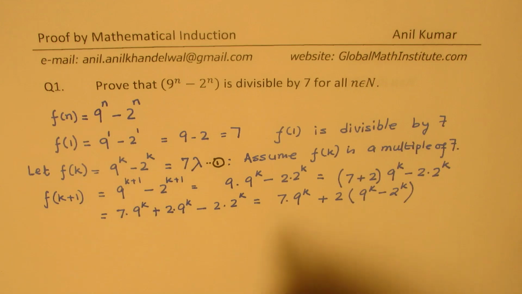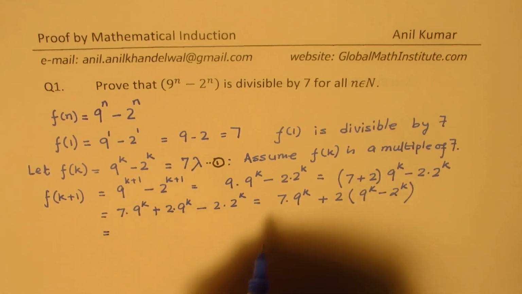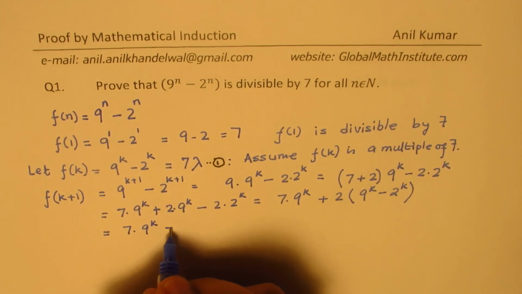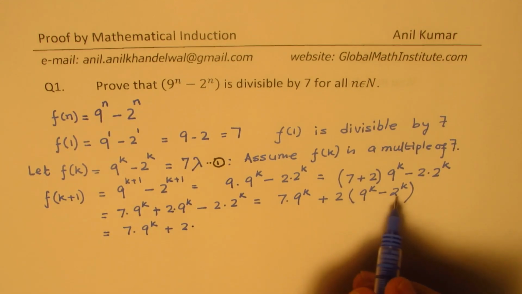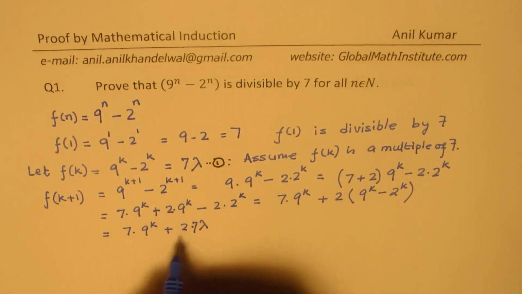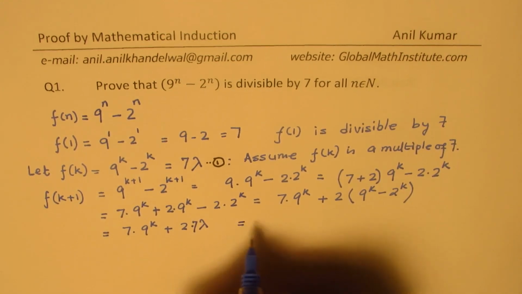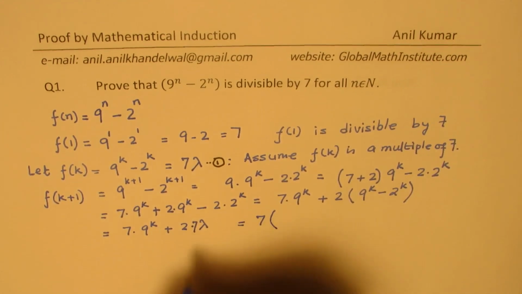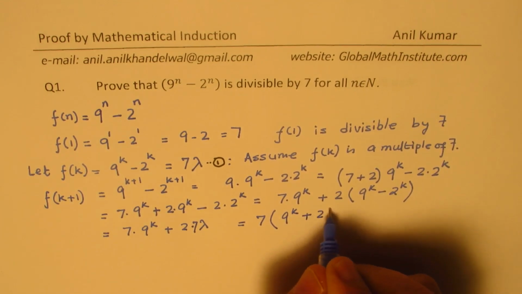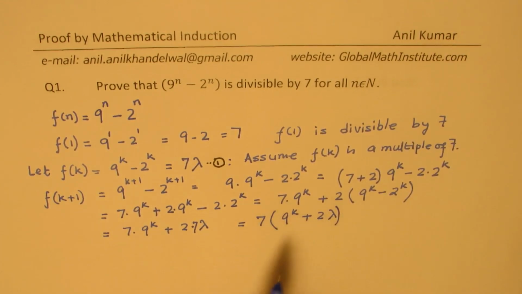And therefore, we can write this as equal to 7 times 9 to the power of k plus 2 times, this portion here is 7 times lambda. Right? Now, 7 is common between these two, so we can write 7, and within brackets we get 9 to the power of k plus 2 times lambda. So clearly it is a multiple of 7, right?